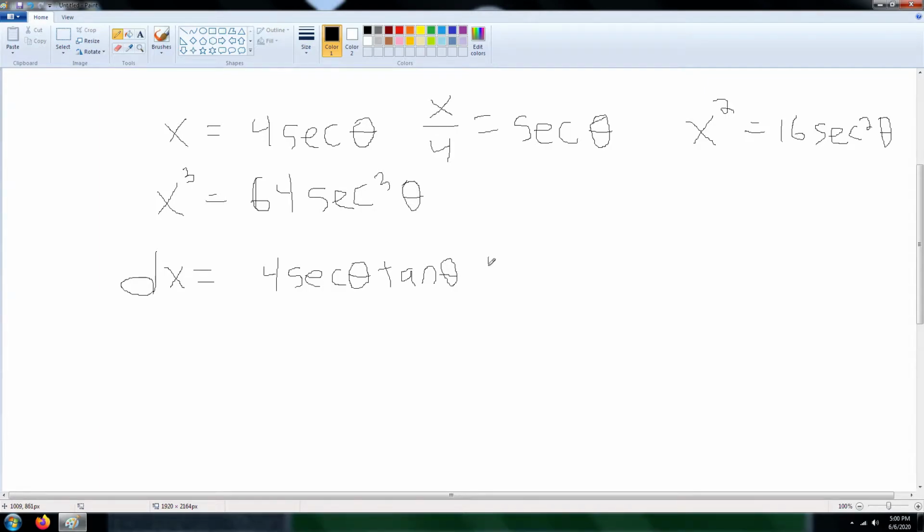And remember, this is d theta, okay? And you want to make sure that you put the proper notation here, because I know that at university, if you're taking a calculus class, if you have bad notation, you will lose points on your math problem when it comes time for an exam. Alright?